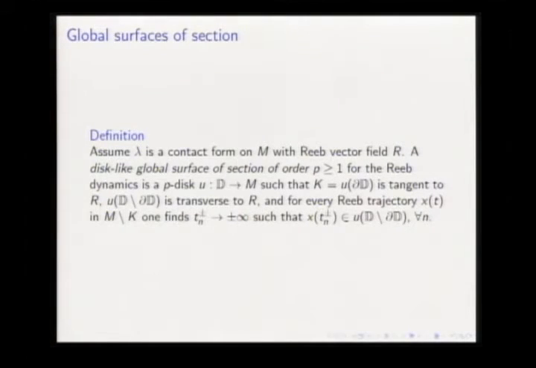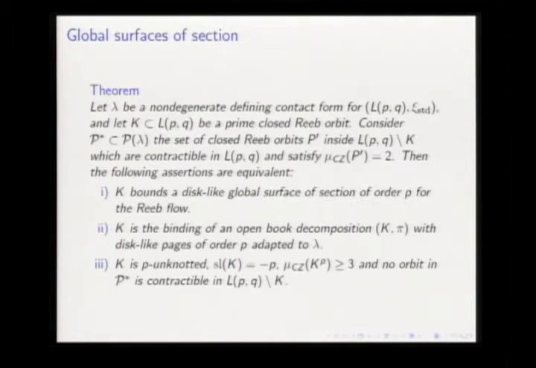So we have also this type of theorem to produce global surfaces of section. And the theorem is exactly that, the same one, but now we assume that the contact manifold is LPQ with the standard contact structure, and you have this P and naught with the Conley-Zender index at least 3, and all the orbits with the index exactly 2 are not linked to the given one.